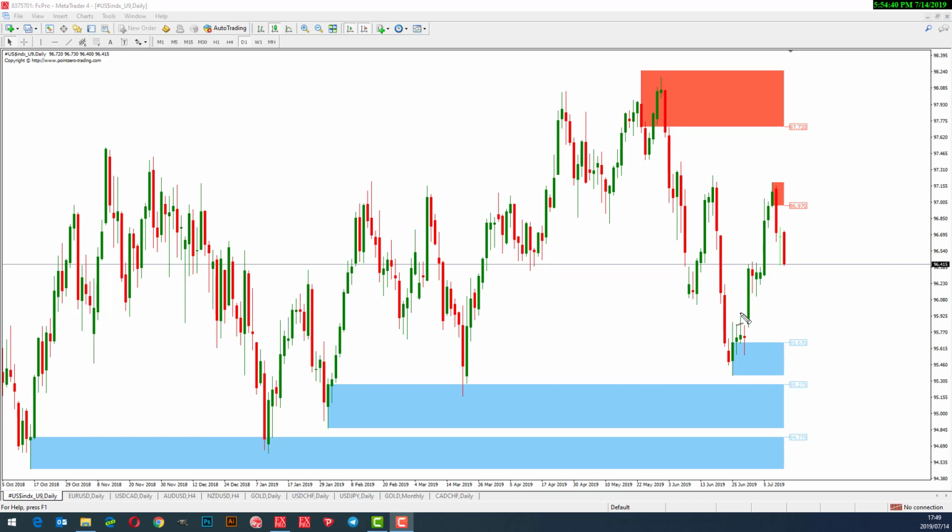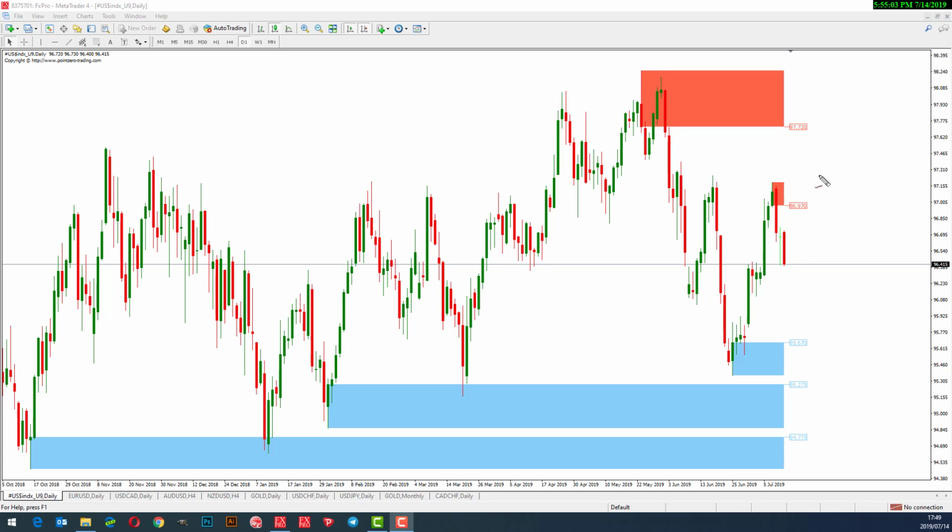So that's how you have to look at the market. Look for the favorable bias of whatever asset that you are trading. So right now we are looking at the dollar.